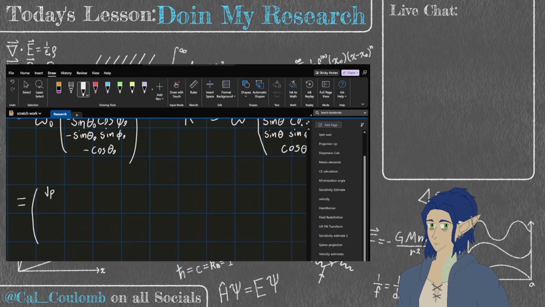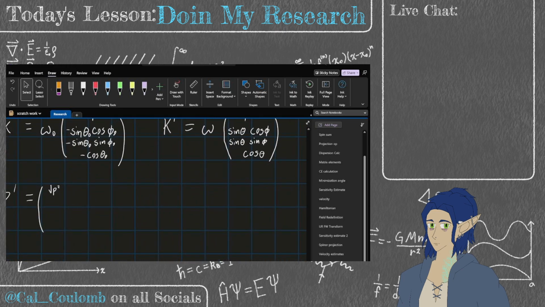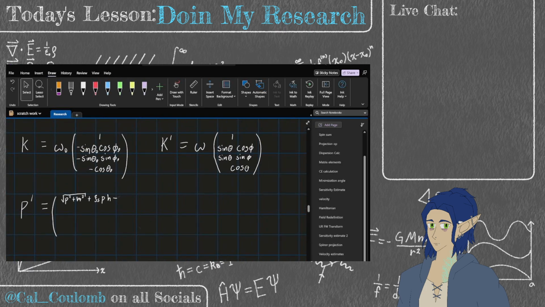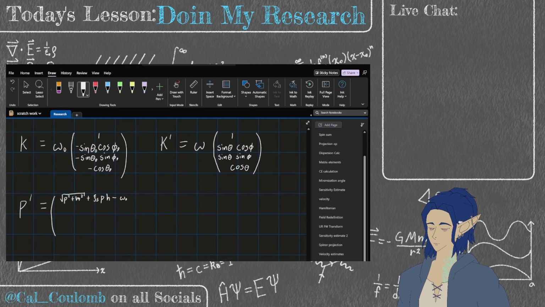So plus P squared plus M squared plus S times P times H, minus omega 0, so this should be a plus 1 here, so plus omega 0 minus omega.